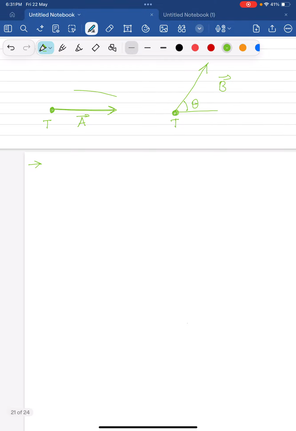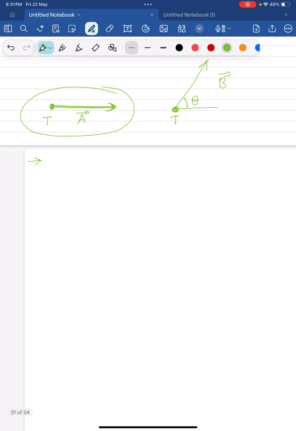Suppose this is vector A. We can shift any vector in space without changing its magnitude and its direction. So we can shift vector A to this point.